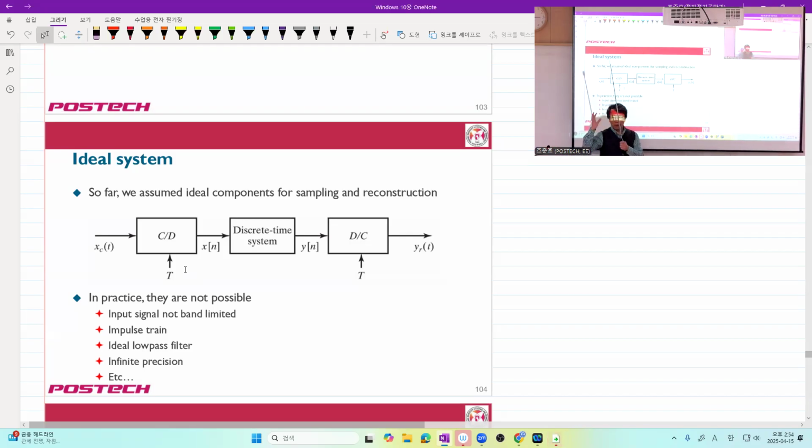It has first a uniform sampler, then what? Scalar quantizer, already forgot, and binary encoder, generating usually line-coded binary pulses. Got it? However, as I told you, we just ignore the quantizer and binary encoder, and just assume that the continuous time signal is converted to a discrete time signal, as here. Got it?